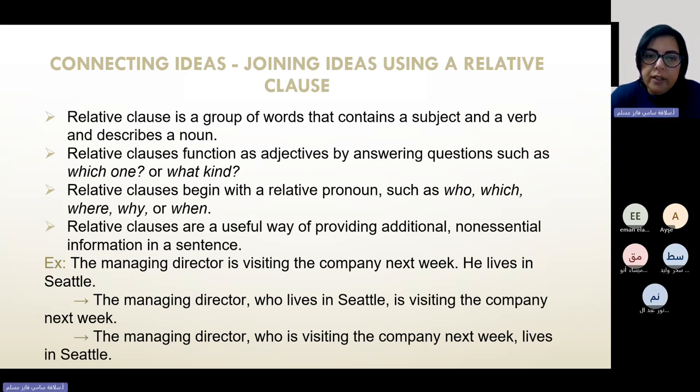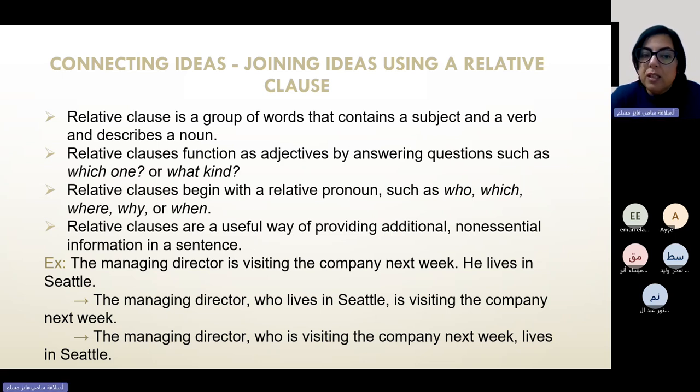So, okay, using a relative clause. A relative clause is a group of words that contains a subject and a verb and describes a noun. Relative clauses function as adjectives by answering questions such as which one and what kind.